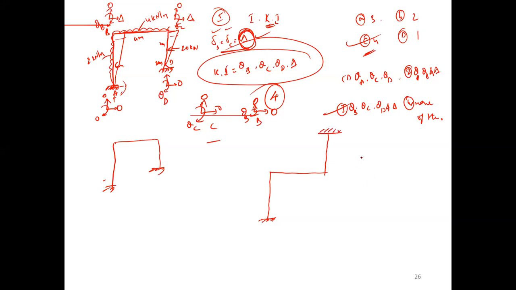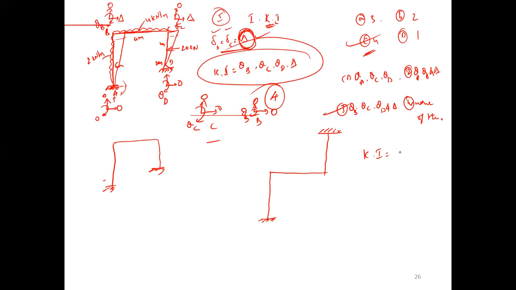What is the kinematic indeterminacy? 2? 3? Any other answers? Either 2 or 3, because here it is fixed, that is clear, here 0 is clear. You have only 2 options: theta B, theta C, or theta B, theta C, delta. Which one is correct?